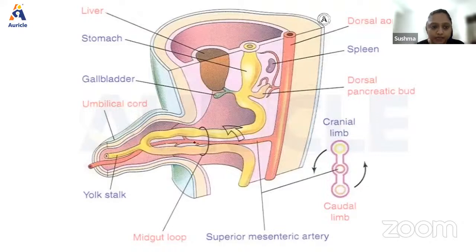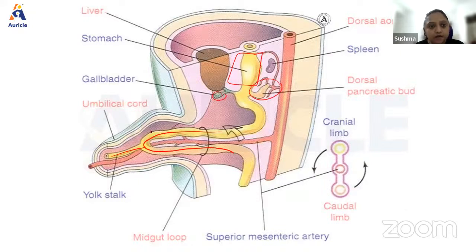All right, you can see here how the yolk stalk is attached to the developing loop. Now, what do we see here? This is the cranial limb and this is the caudal limb. This is how the rotation of the midgut is taking place. And you can see the stomach here and the dorsal pancreatic bud.